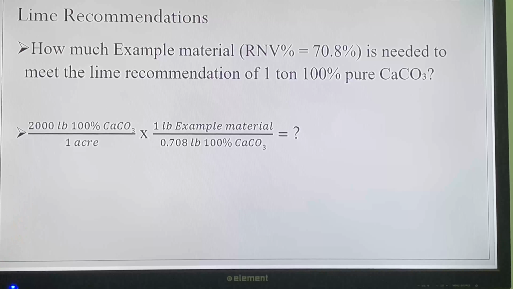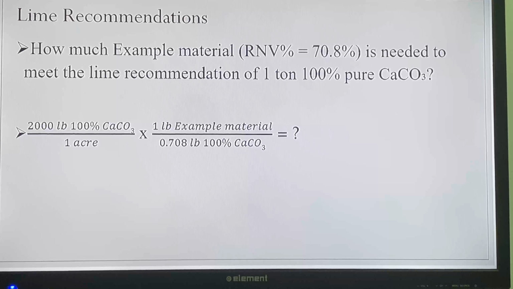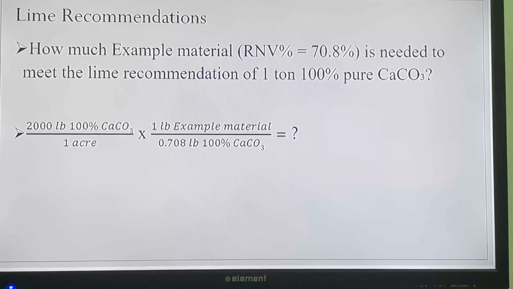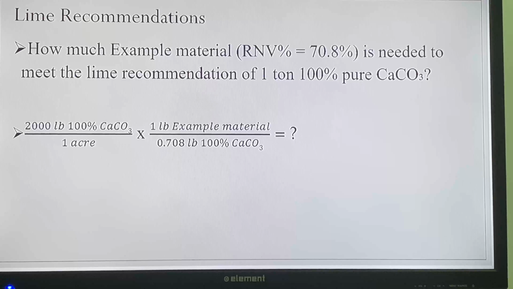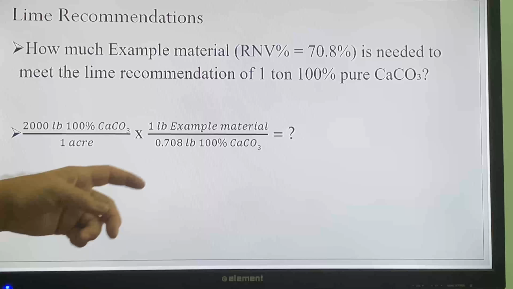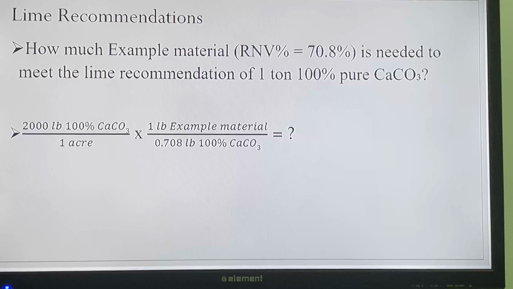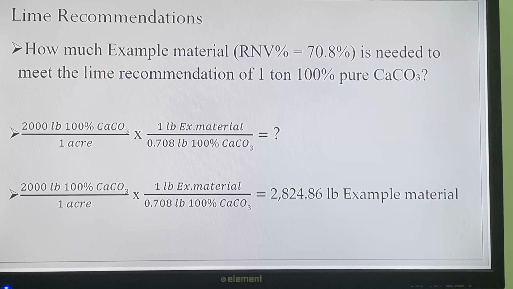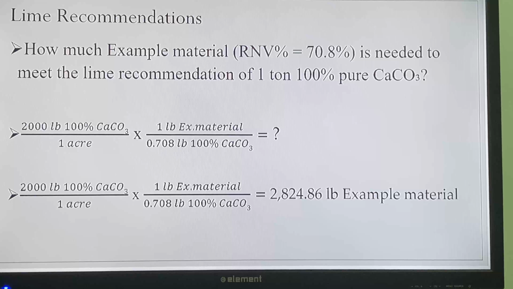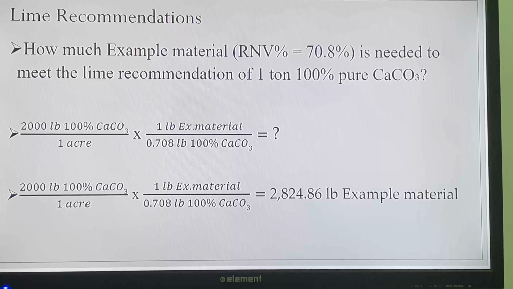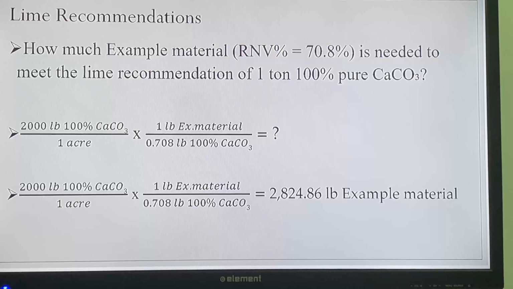So we're going to set this up just like we set up our fertilizer problems, rate over analysis. So the soil test recommended that we needed 1 ton of 100% pure calcium carbonate, 2,000 pounds. In 1 pound of example material, there are 0.708 pounds of calcium carbonate. When we do that calculation, we come out with about 2,825 pounds of this material.